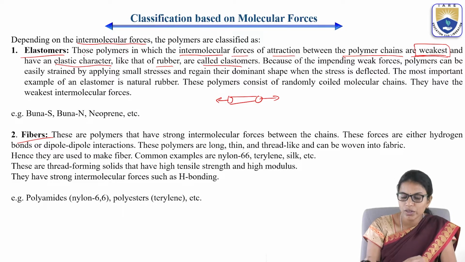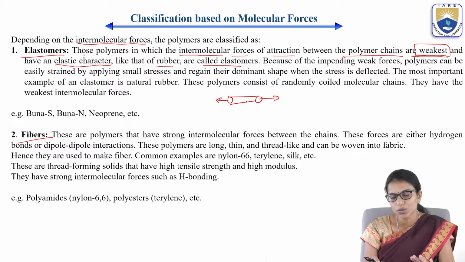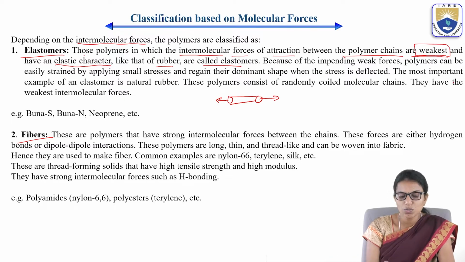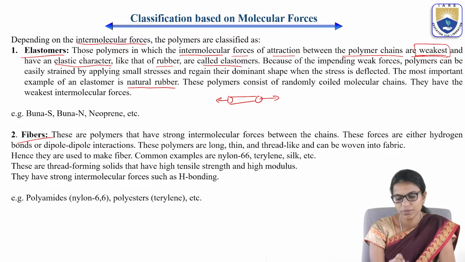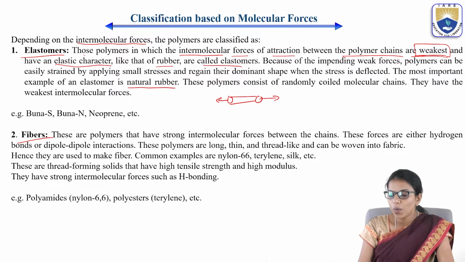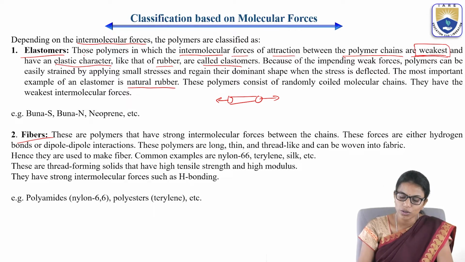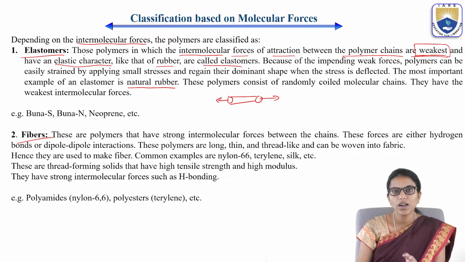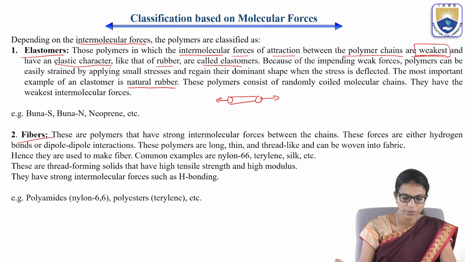When we remove those forces, it will come back to its original shape, which is known as elasticity. The most important example of an elastomer is natural rubber. These polymers consist of randomly coiled molecular chains, and they have the weakest intermolecular forces. For example, Buna and neoprene, etc. These all are categories of rubbers only.